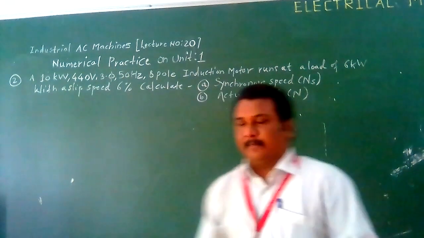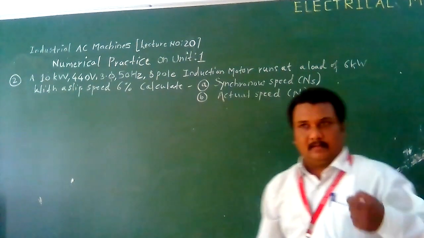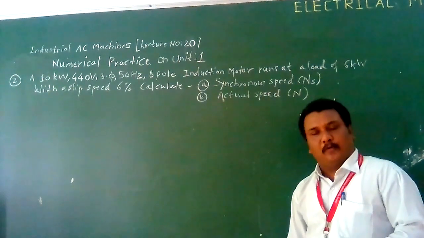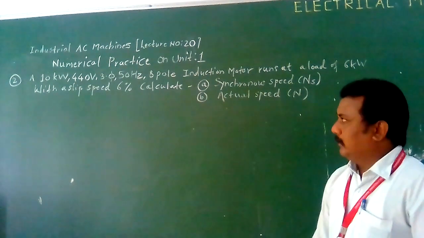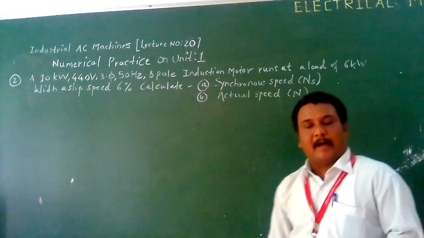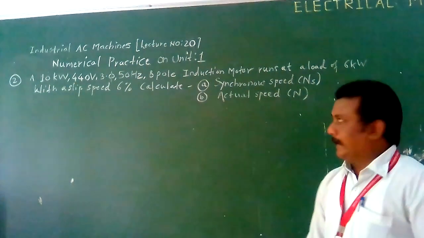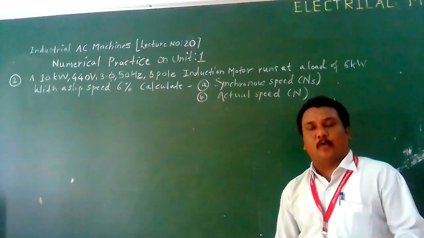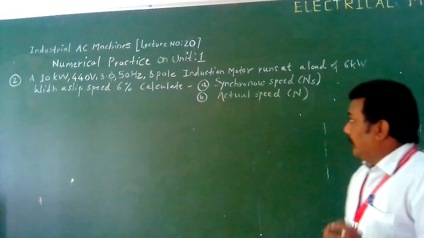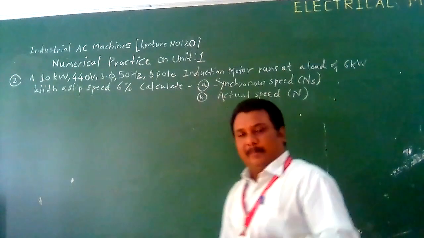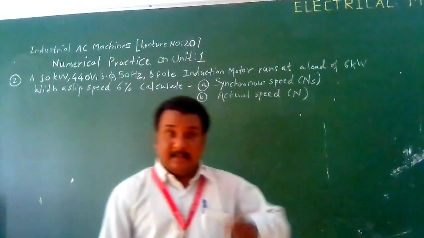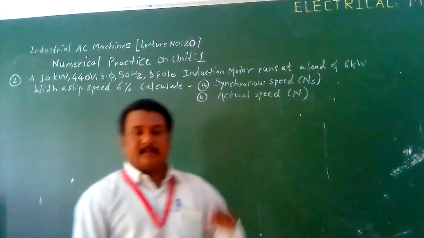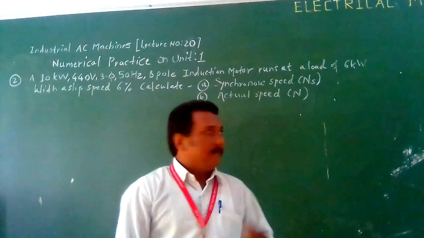Now going to the second example. In the second example, a 10 kilowatt, 440 volt, meaning it is the supply voltage; 10 kilowatt is the input power or motor rating. 3 phase, 50 hertz, 8 pole, meaning the number of poles is 8. The induction motor runs at a slip of 6%, meaning slip is given in percentage.